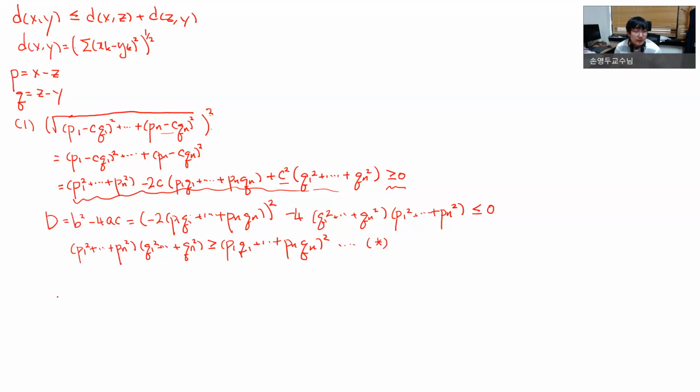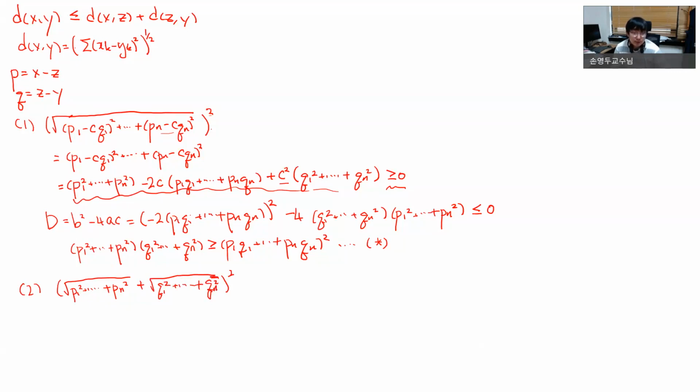let's call this one star. Then let's think about this formula: the square root of (p1 squared plus ... plus pn squared) plus the square root of (q1 squared plus ... plus qn squared), and take a square here.